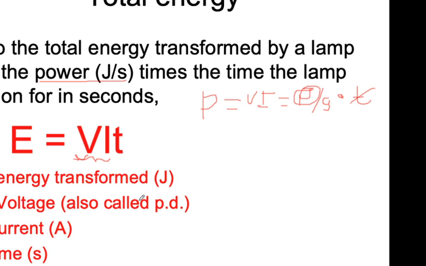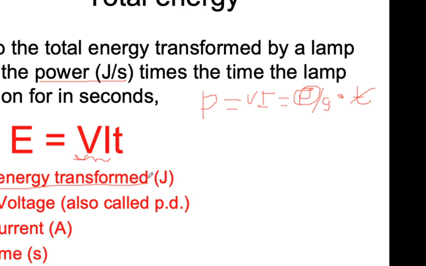So energy transformed, right? What we mean by transformed, we're not actually just destroying energy, because we need to have conservation of energy for the universe to be happy. So we're transforming energy from its electrical energy into some other form. If it's a lamp, into heat and light, right?